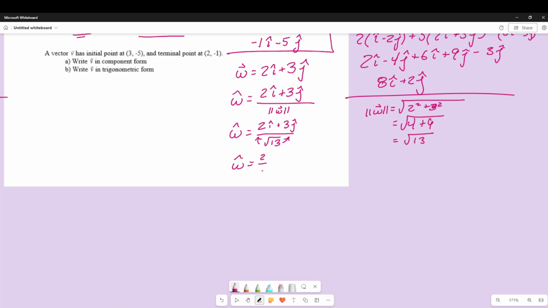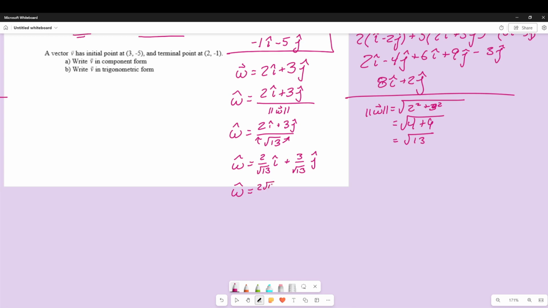So 2 over the square root of 13 in the I, and we do want to break this up into components. So we don't want to leave it in this form. This is a vector with an operation being performed on it, where this is a vector. We should still rationalize because we are polite people.